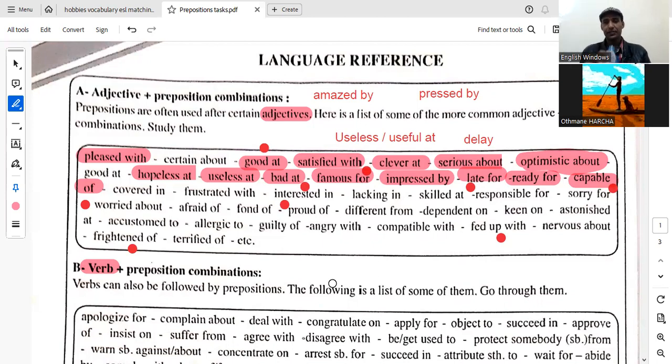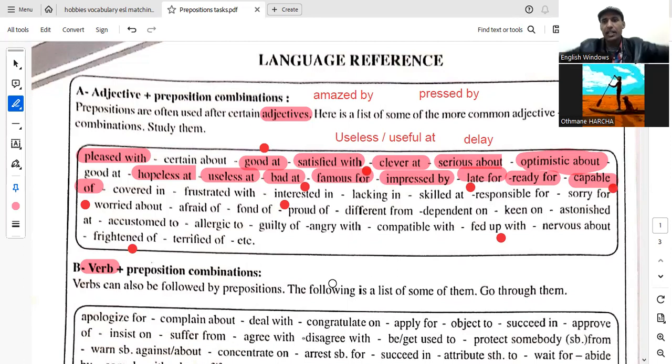"I am capable of doing exam." Of taking, we say take the exam, taking the exam. Very nice, good. Or "I am capable" of something that requires ability. We say "I'm capable of driving my daddy's car." I am capable of driving the car. I am capable of driving the motorcycle.